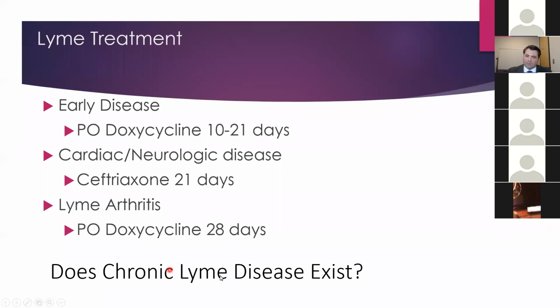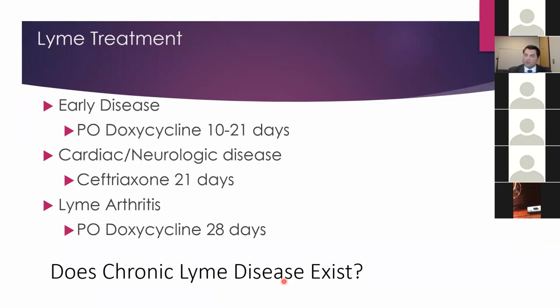So chronic Lyme disease is something that people will say means they still have the bacteria within them, but it's not treated long enough. And there have been many very good studies showing that the bacteria has been killed, and the patients can actually have sequela of the infection long after, and it may be months or years or forever, but it's sequela of the infection that lasts longer than the infection.